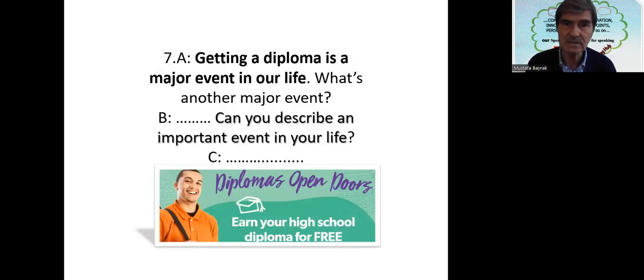Getting a diploma is a major event in our life, or that we get a diploma certificate is a major event in our life, or when we get a diploma is a major event in our life. What's another major event? Doing what? Yeah, doing what? Reading, writing, climbing, talking, drawing.